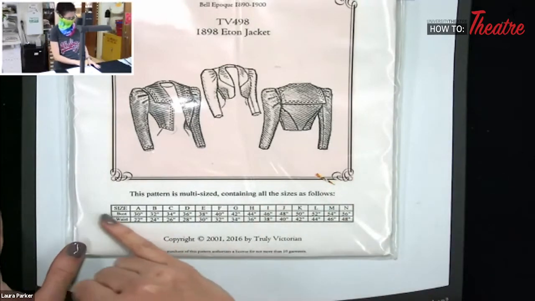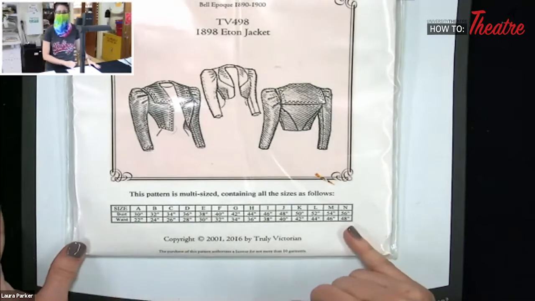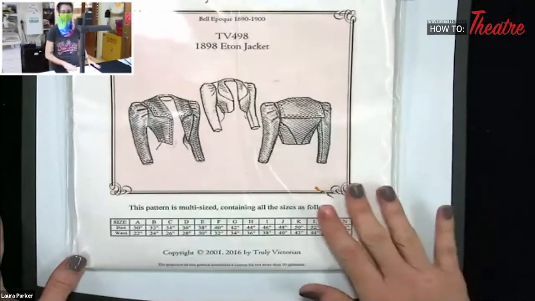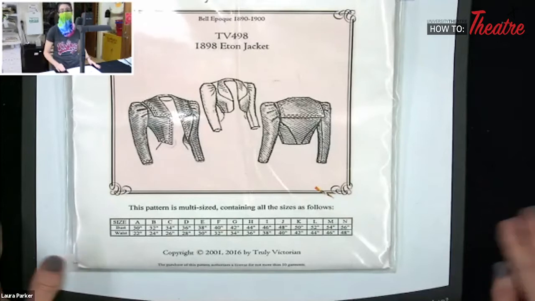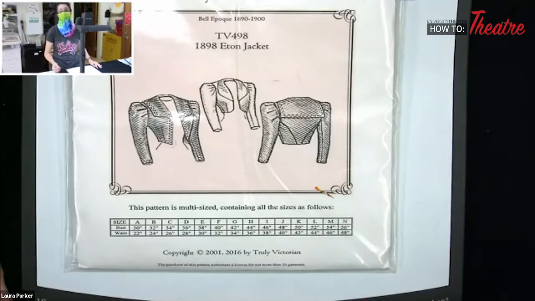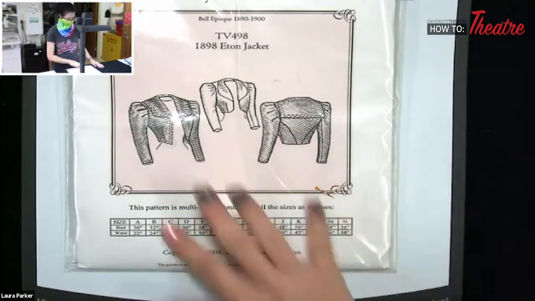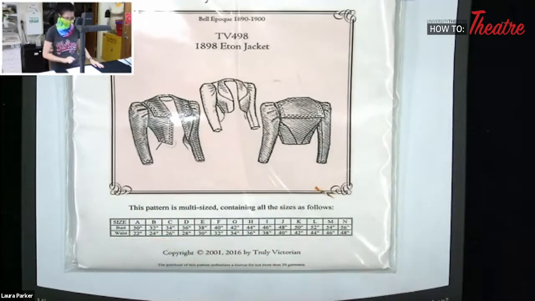So by throwing away the numbers and using this letter system, this is a really body positive movement, which a lot of independent pattern companies are moving towards, which I personally really love. So you just need to be careful and make sure that you're getting the size that works for you.